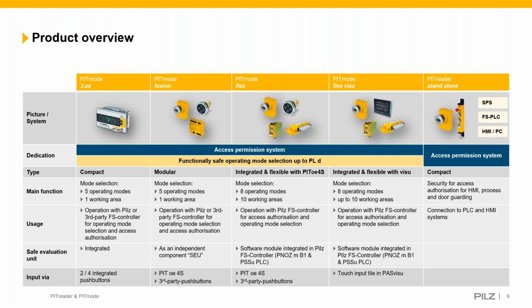But in the case of the Flex Visu, it's done via a touchscreen HMI system. And then finally, we have standalone units, which is our PIT reader device, and that's purely for access permissions. And that can be used for security access authorization for HMIs, and for process and door guard locking or access, and connection is via the PLC and HMI systems.